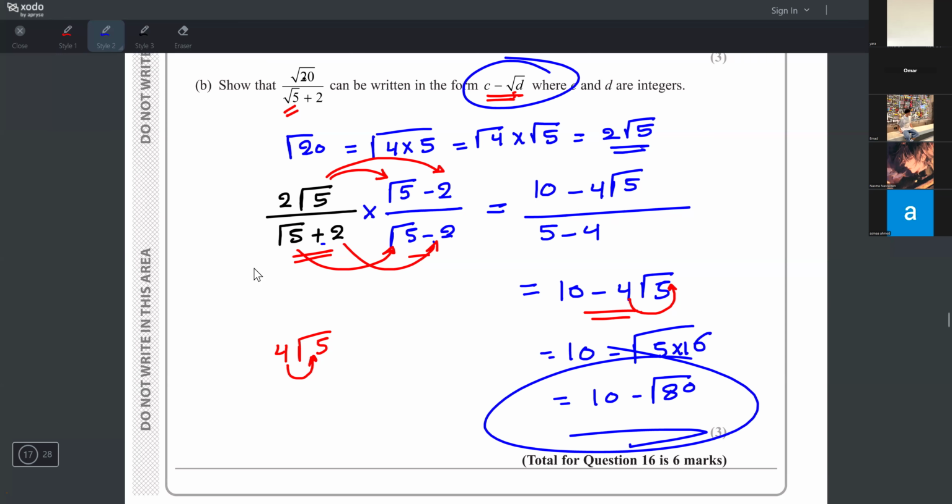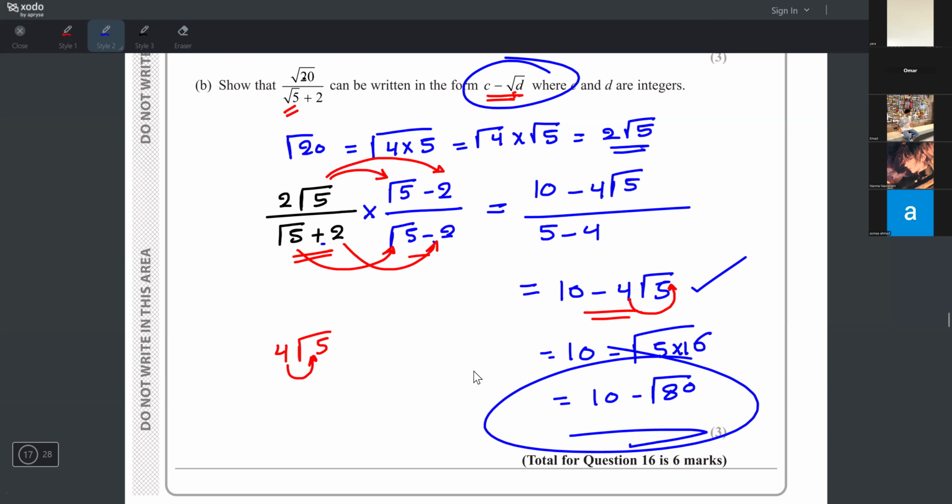Yara, do you understand? Yes. Asma, do you understand? A little. I didn't really understand the last part. The last part? Okay. But 10 is this step. 10 minus 4 root 5 is okay? Yeah, it's okay.